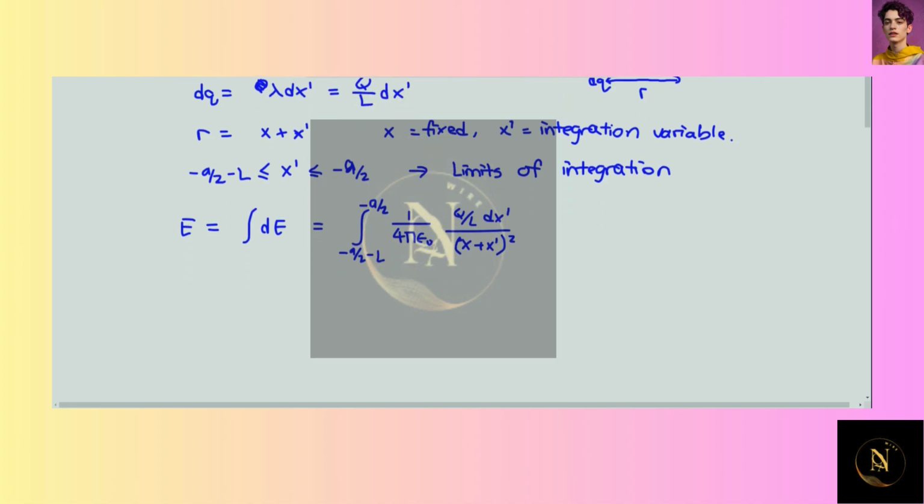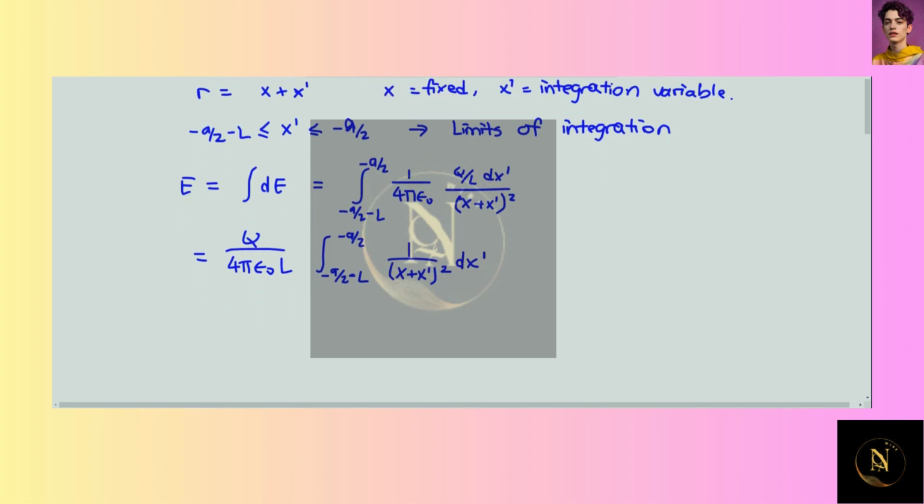I'm going to pull out the constants, Q over 4 pi epsilon naught L. Then this is 1 over x plus x prime squared dx prime.